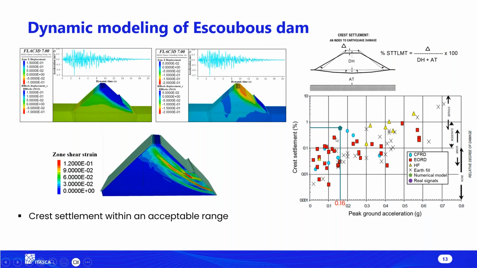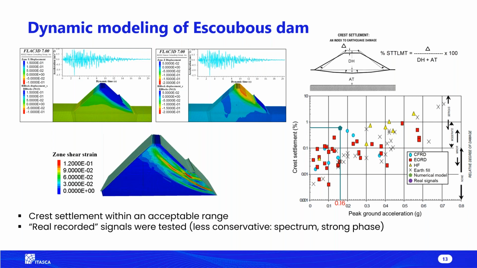This may be due to the conservative signal that we used in our study, which would give us the most conservative results. So what we tried to do is get some real recorded signals, which we took from a lab. These signals are recorded in the region where the dam is located, and they are less conservative on the side of the spectrum, and they have lesser strong phase duration.